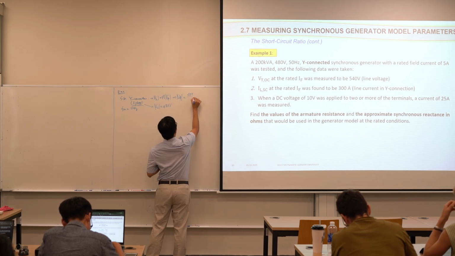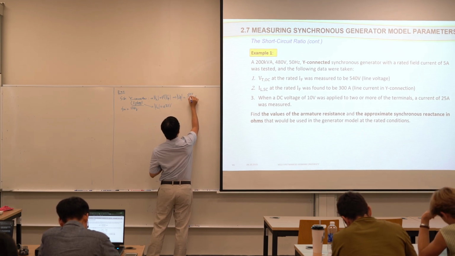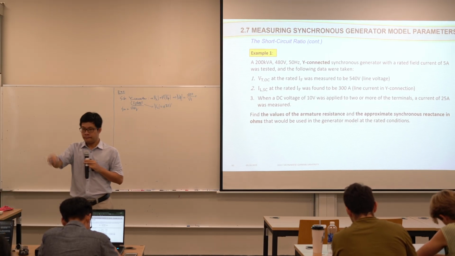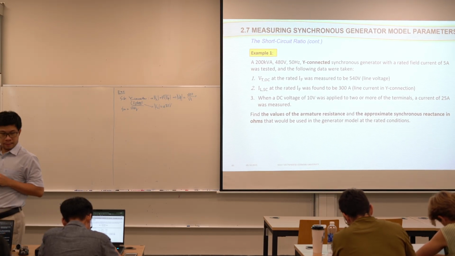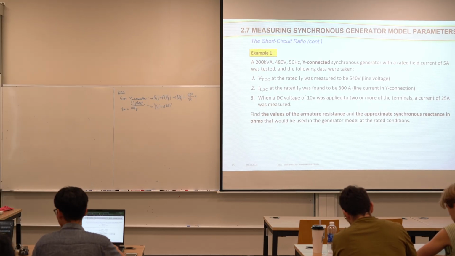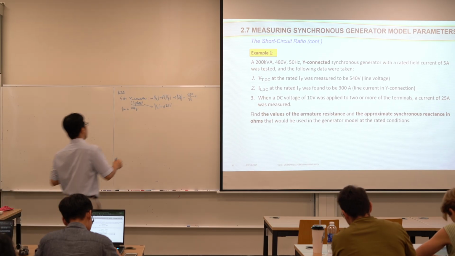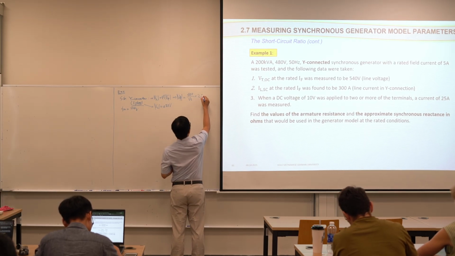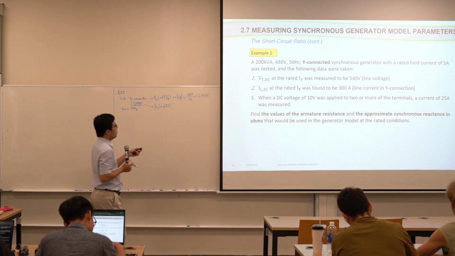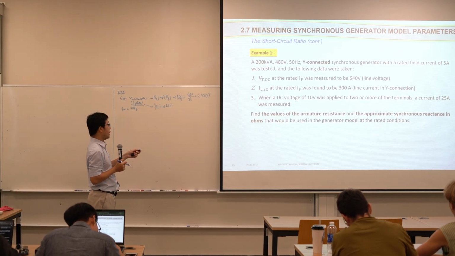480 over square root of 3. Now, help me please, can you calculate that? Okay, we get 277.1. And we have 200 kVA.